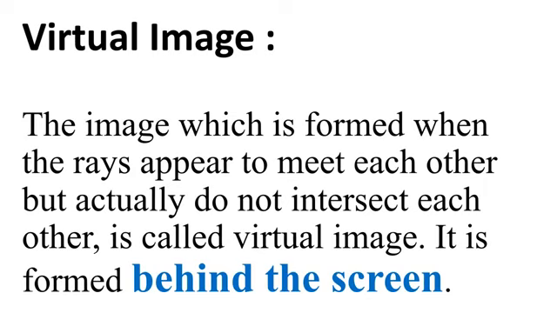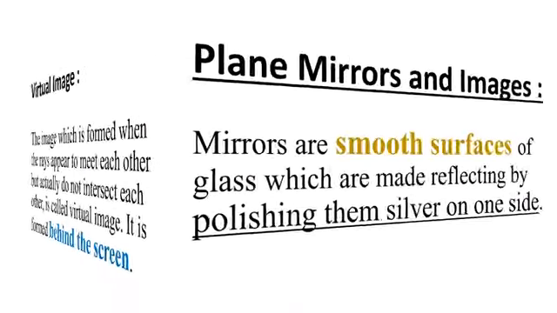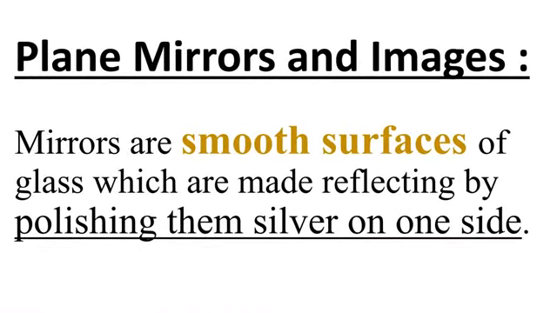It is formed behind the screen. At this point, we are familiar about the two types of images that are obtained. Let us now study in detail what type of images are formed on plane mirrors.